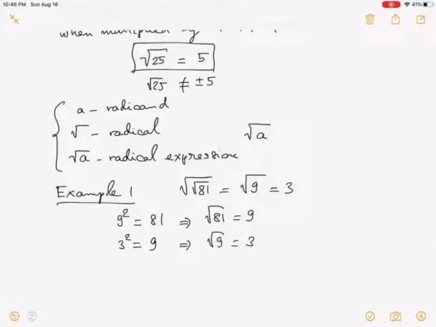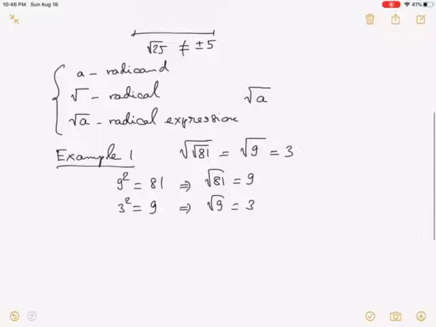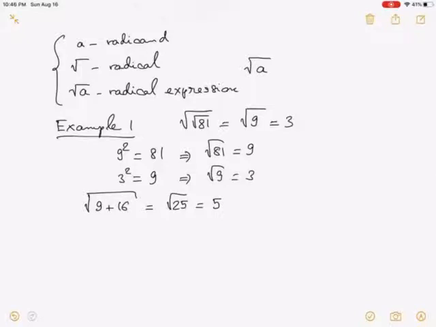So the square root of 9 plus 16 is the square root of 25. And the square root of 25 is 5.